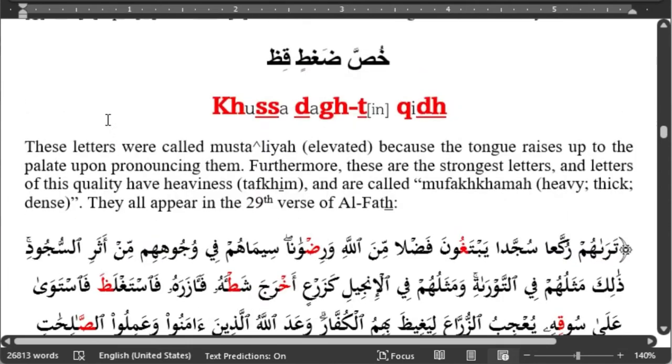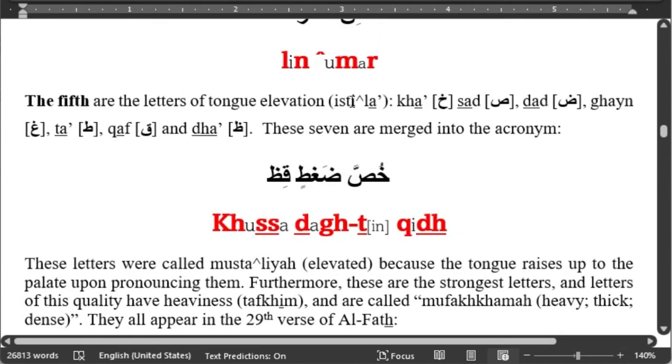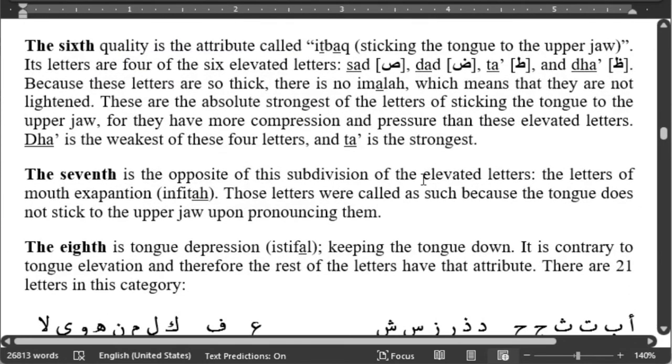So these letters of isti'la are already strong and thick. These 4 out of those are the strongest, making them then the strongest of the Arabic letters. Dha is the weakest of these 4, and Ta is the strongest.